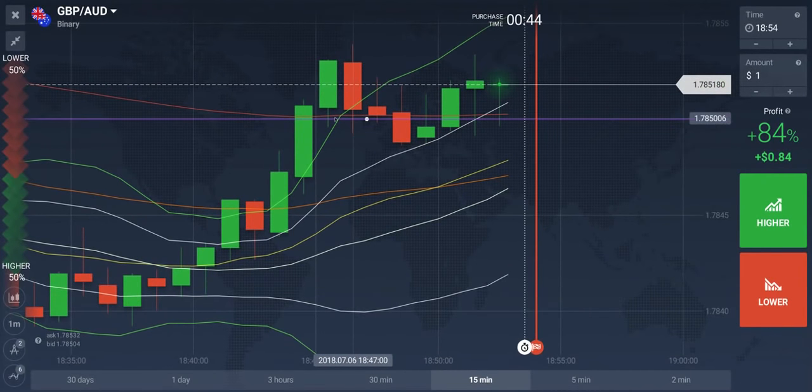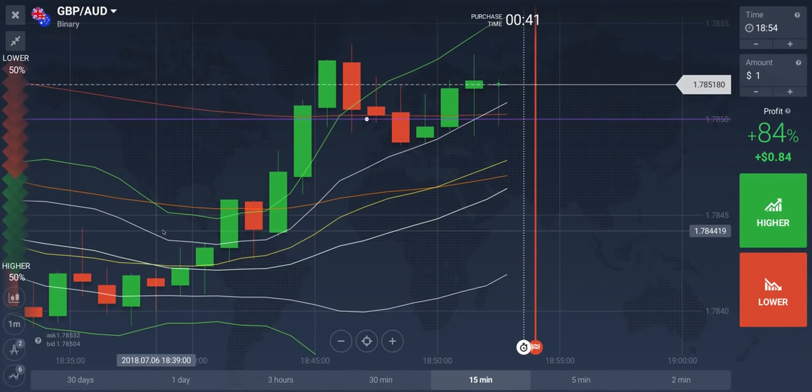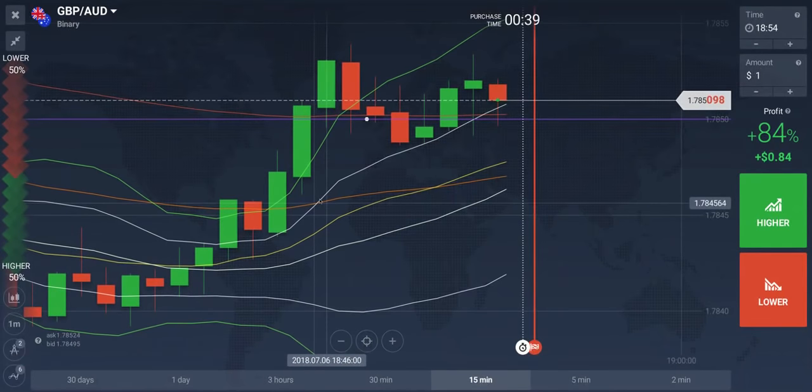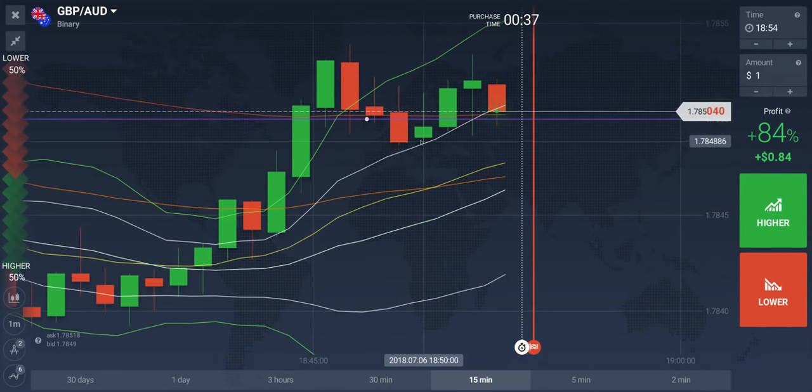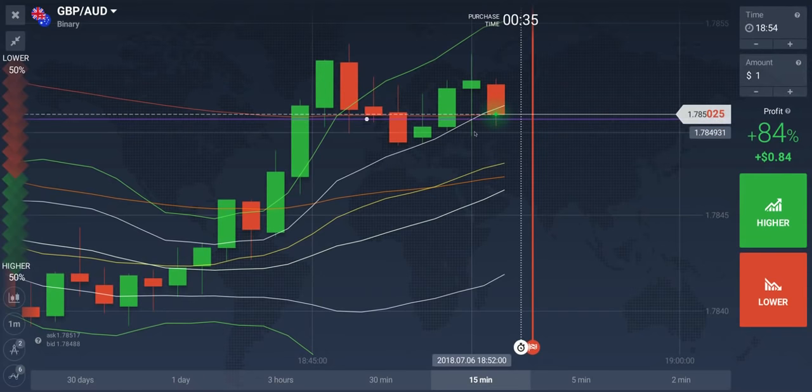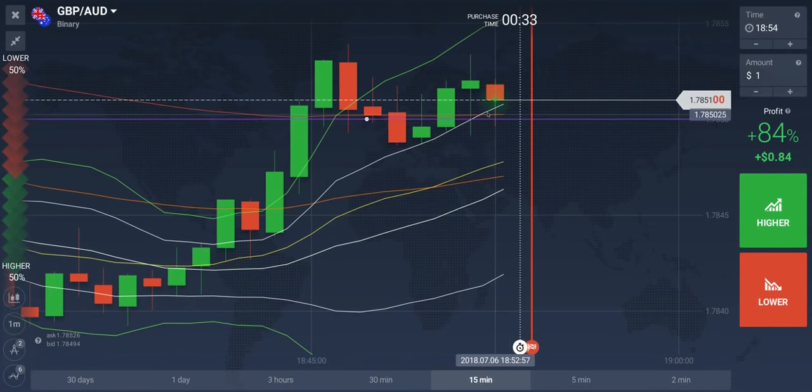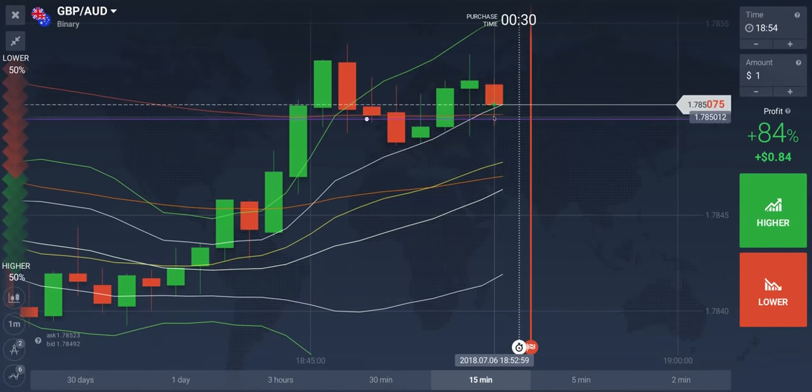And you can see from this market, when this level is going straight, it started to go upwards. And you can see respect, respect, respect. And you can know that this candle will also respect this level.